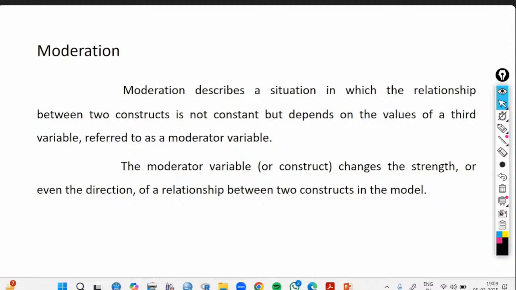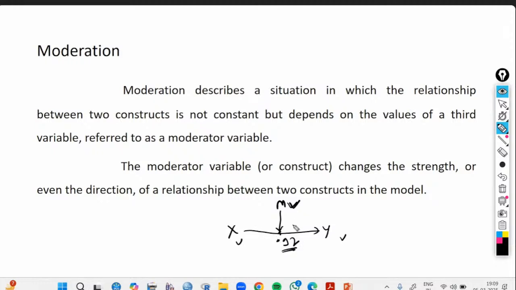Moderation, basically: the moderating variable, the independent variable X and the dependent variable Y. The moderating variable influences the relationship between X and Y. If the relationship between X and Y has a strong path coefficient, say 0.92, the moderating variable can reduce the power or the strength of this dependent and independent variable relationship, and it can reverse the direction.